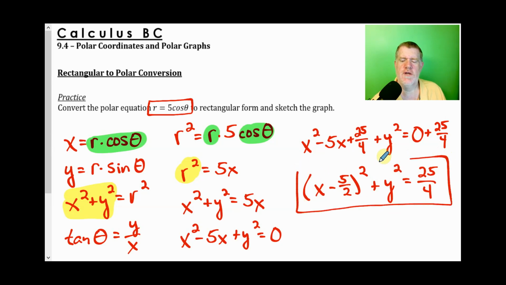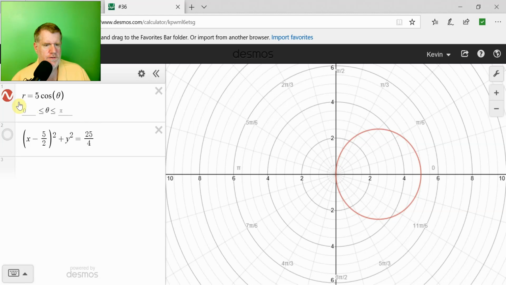But this would be the rectangular form of that polar equation. All right, let's verify that and look at the graph. And as you can see right here, here is r equals 5 cosine of theta on a polar coordinate, and that goes out to 5. And here's our rectangular graph, and you'll notice it's exactly the same.